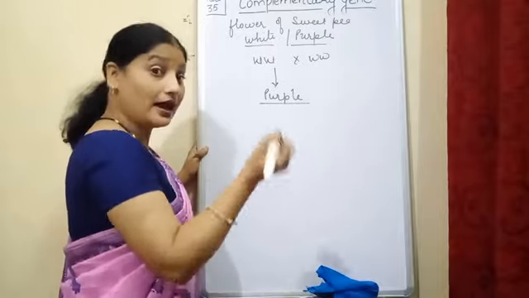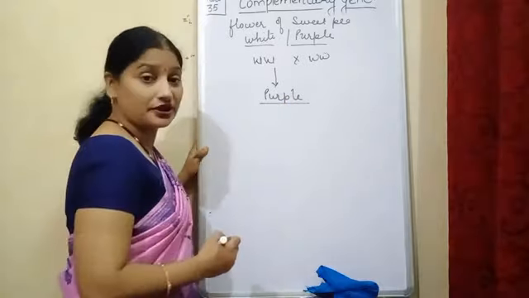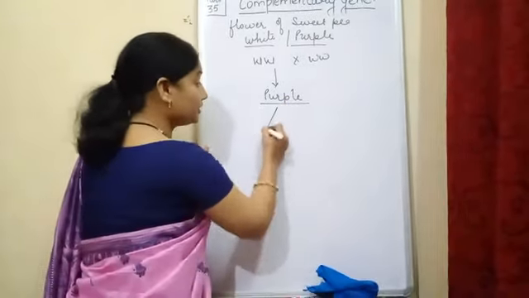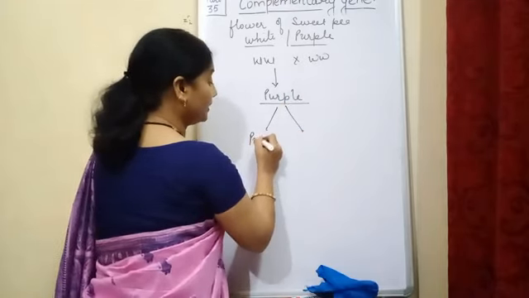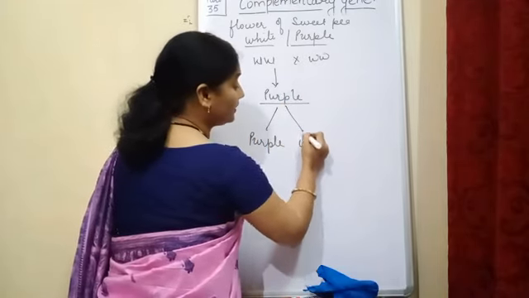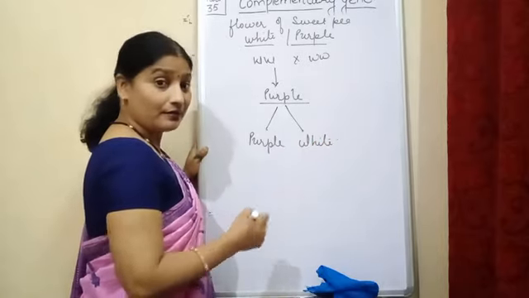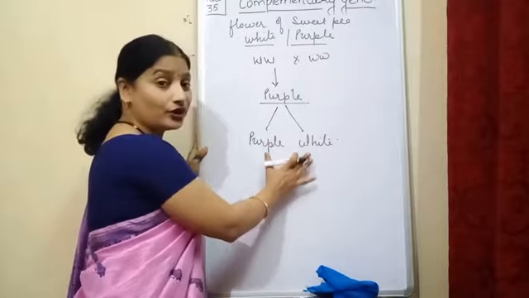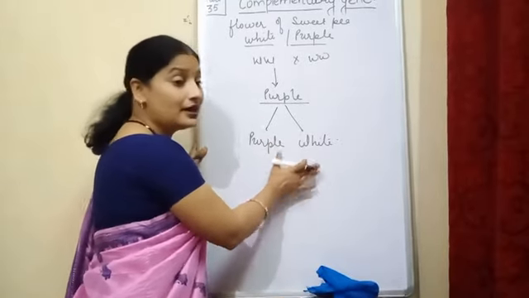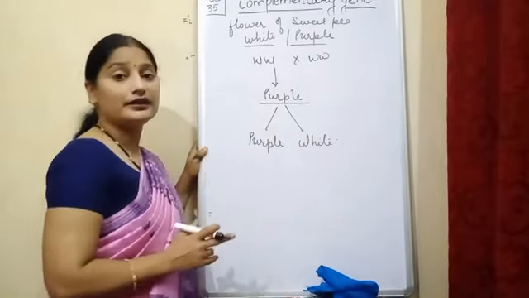Clear? And in the F2 generation they found purple and white both. But the ratio was not usual as it was in Mendel's law.